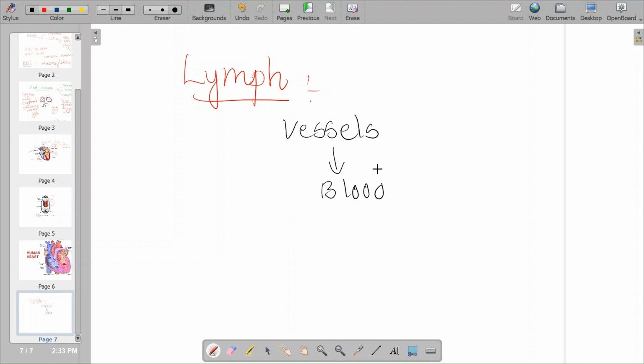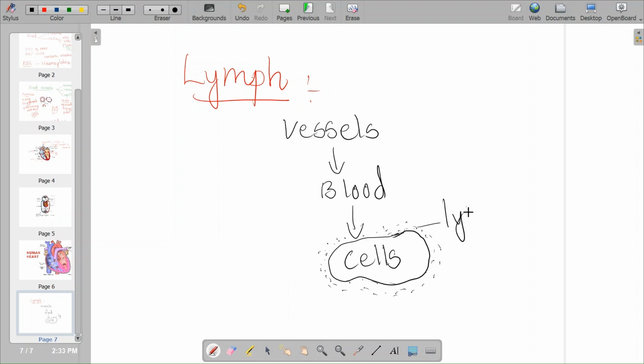When the capillaries are supplying this blood to all the cells and the tissue, supplying the nutrients, supplying the oxygen, during that time some amount of fluid leaks out of the capillaries and is present between the cells. So this fluid we call lymph.